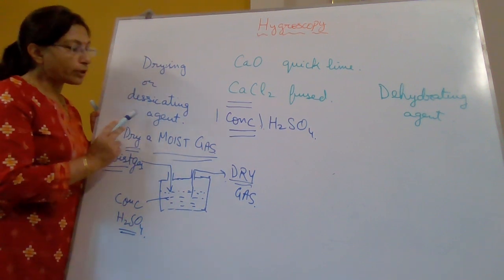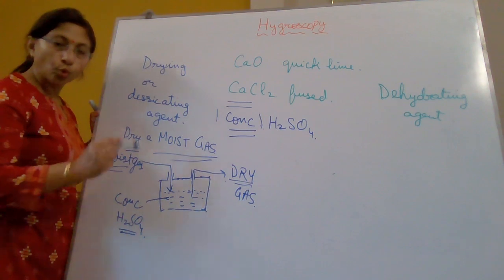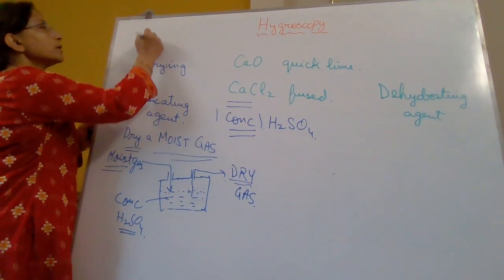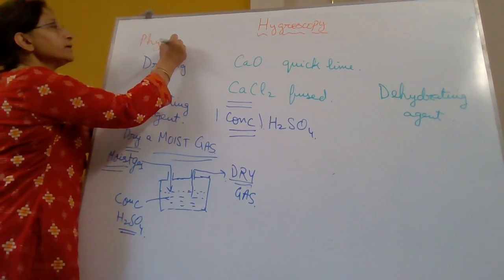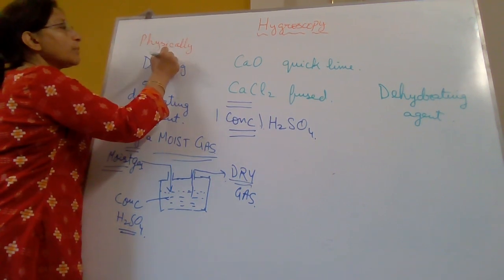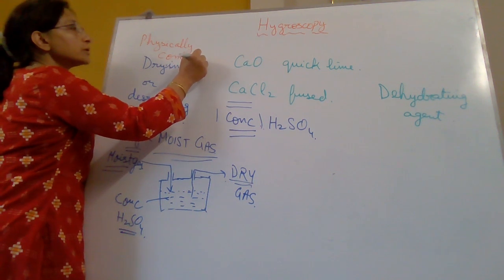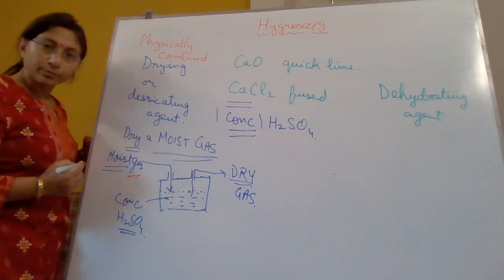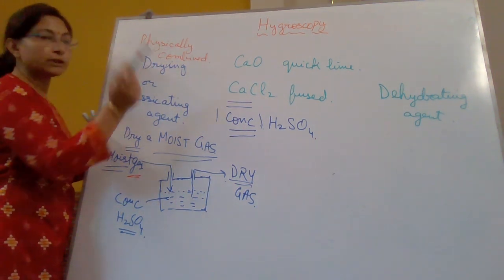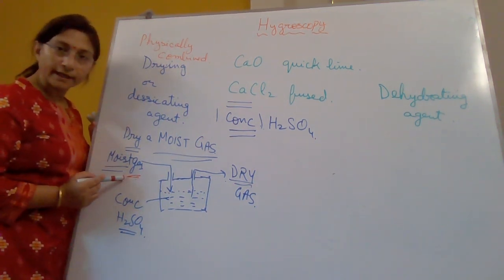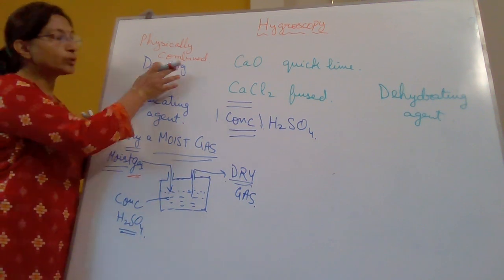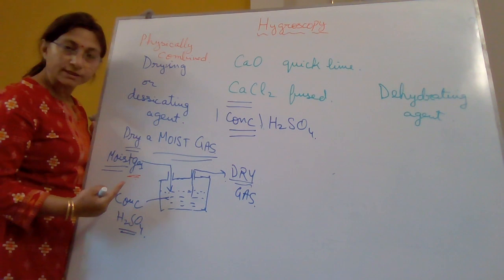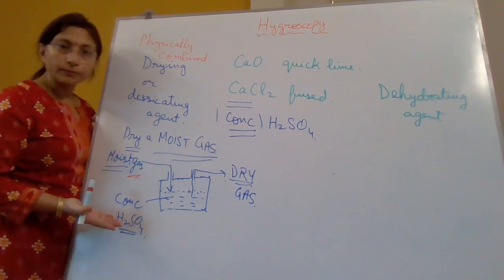A drying or desiccating agent removes the water which is physically combined with the gas. That means this water is not a part of the gas. The water is only physically combined. It is not a part of the molecule of the gas. So obviously it can be removed.